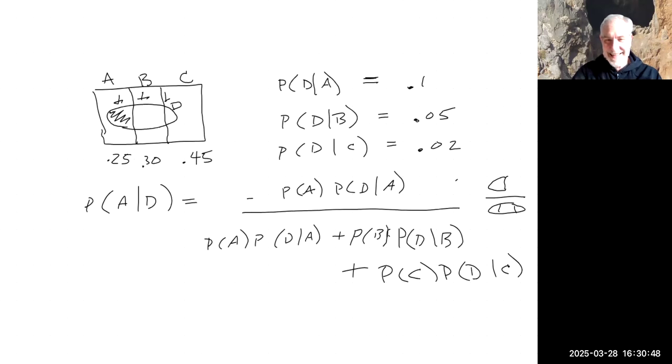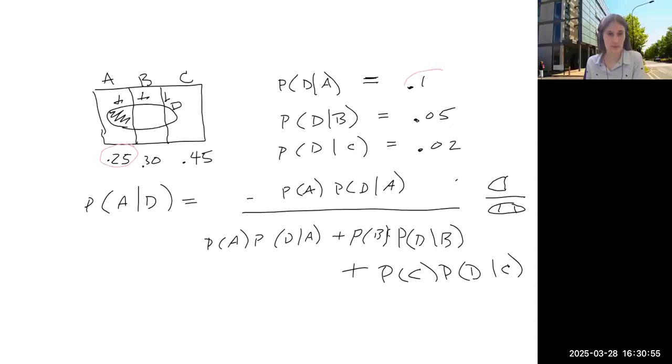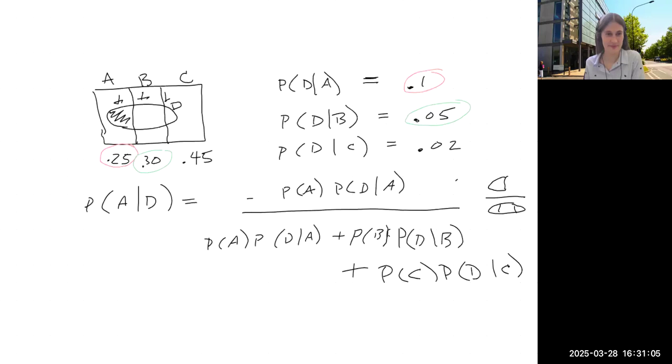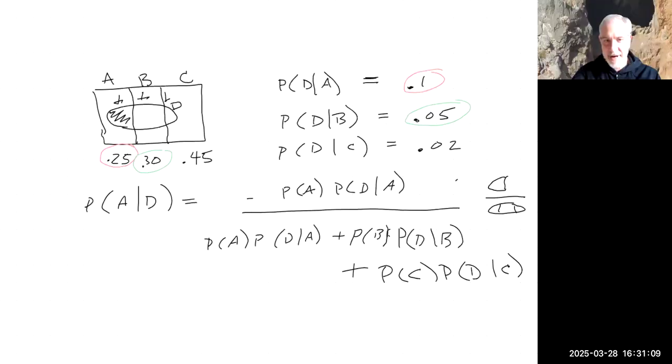This guy times this. The next guy would be what? Let's try this one times this. The last bit would be what color? Blue, let's try. This guy times this are the three pieces that make up this whole fraction here, right?